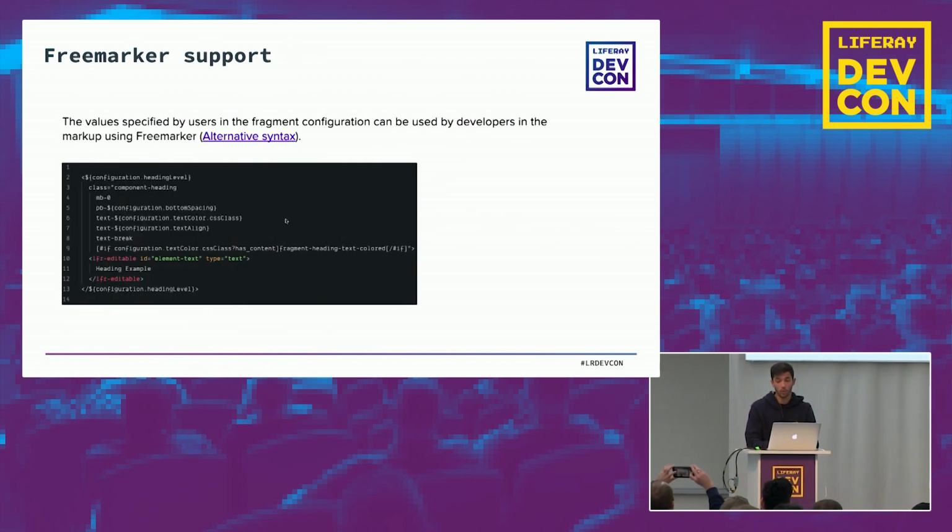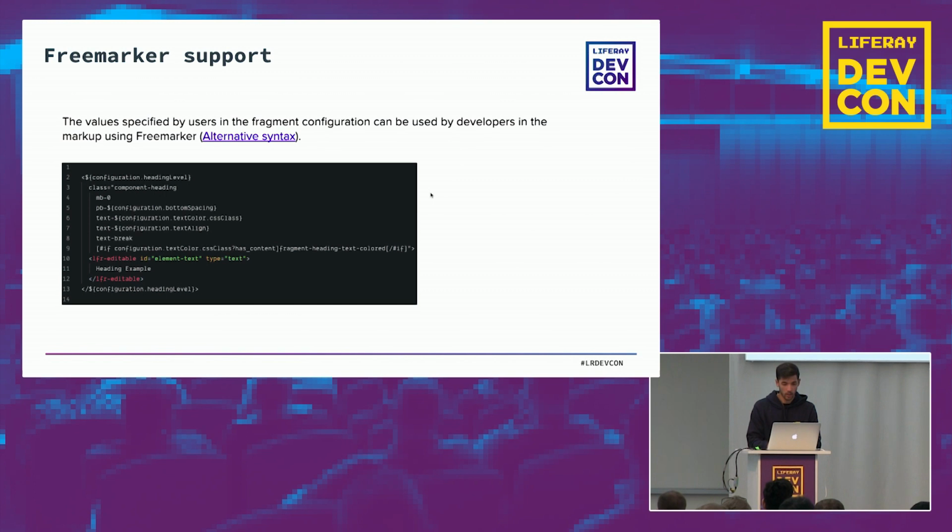I don't know if you are familiar with FreeMarker, but here, for example, in the class, the class is called text dash and the value that the user put in the configuration, so that the fragment can change its color depending on the value selected from the configuration panel.